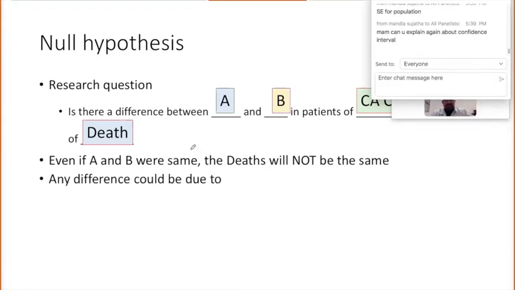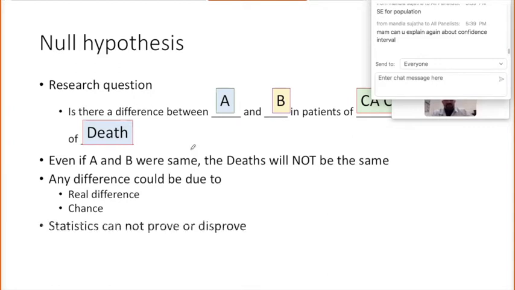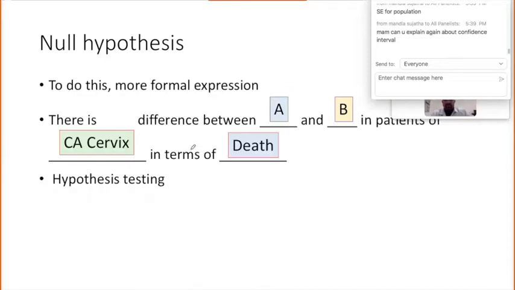The dilemma is that any difference can be due to a real difference or it can always be due to chance. And when we do a study, we don't know whether this difference is coming because of a real difference or because of chance. And statistics cannot prove or disprove. It can only provide you some evidence and leave it to your judgment whether you want to accept it or whether you want to refute it.